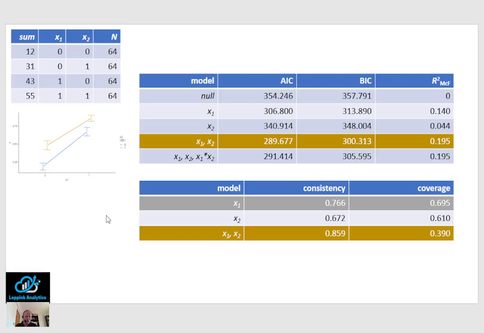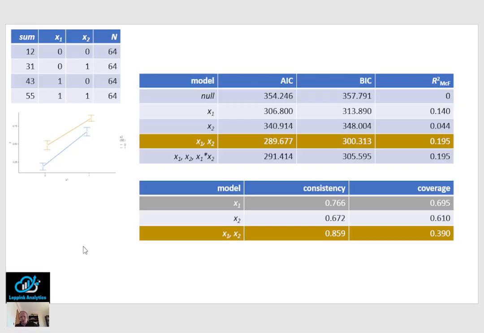But often values of 0.8 and higher are considered decent consistency values. And in this case, based on consistency, you would say that the solution of x1 and x2 performs better. But of course, keep in mind the coverage will be lower. It is the only solution that results in a consistency of 0.859, but the coverage is lower.